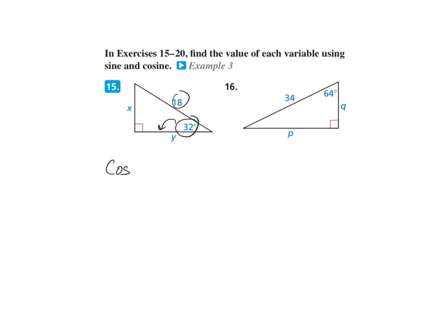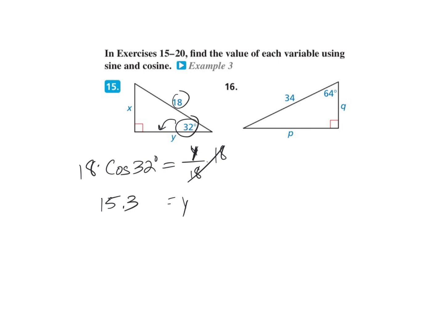So you take the cosine of the angle, and that equals the adjacent leg, y, over the hypotenuse. Now we multiply by 18. Take your calculator, 18 times cosine of 32, and y is equal to 15.3.